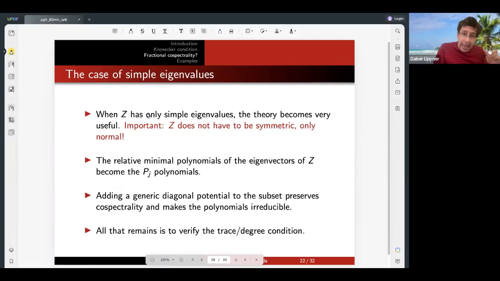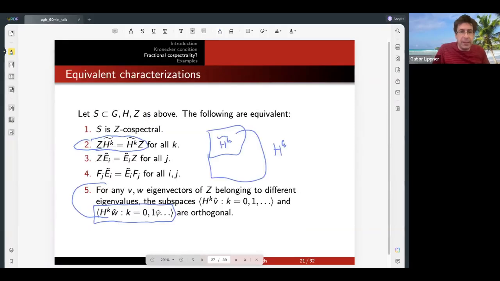Because then every eigenvector in this previous slide, you have this subspace, and each of these subspaces in turn is going to correspond to one of the parts in the partition of the eigenvalues. Basically, those eigenvalues will be the ones that restrict to this eigenvector of Z.